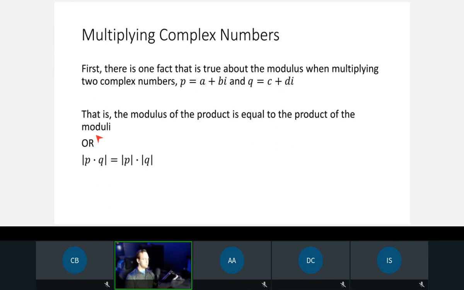So, the modulus of P times Q is equal to the product. Remember, product means multiplication. The product of the moduli. So, taking the modulus individually of P, the modulus of Q, and then multiplying together.